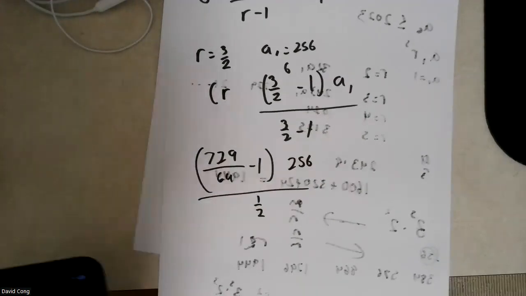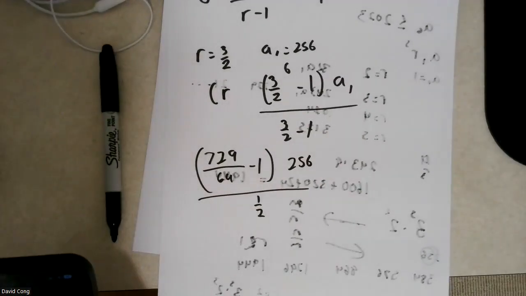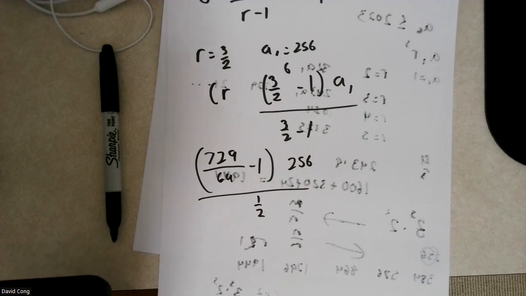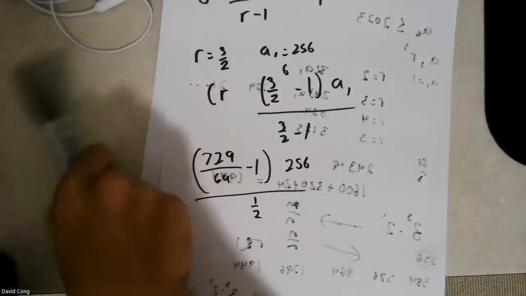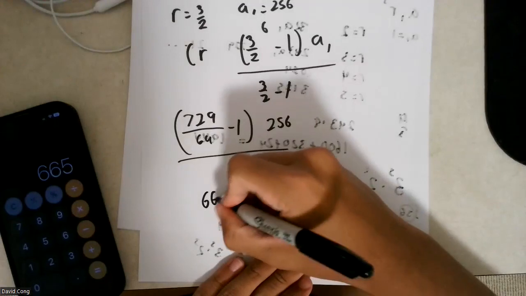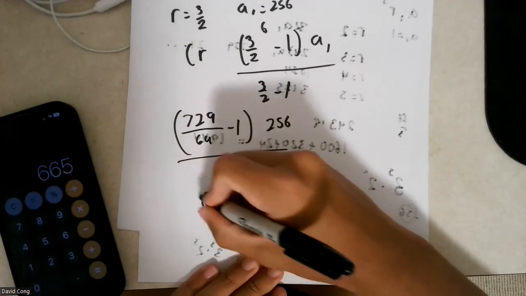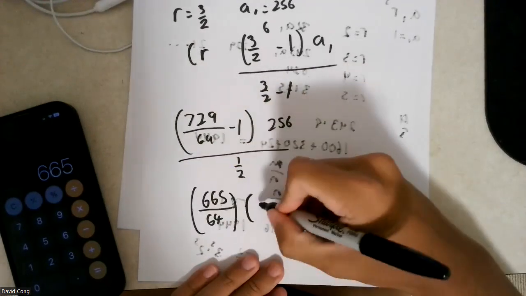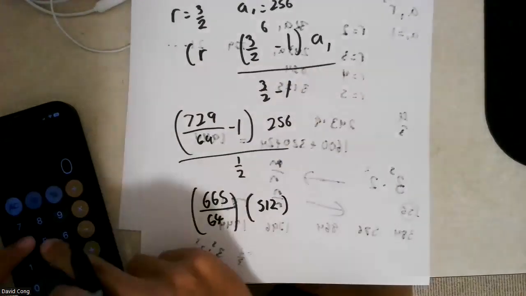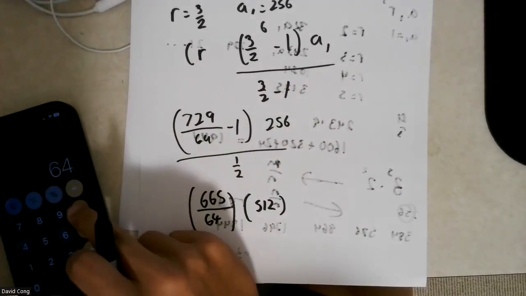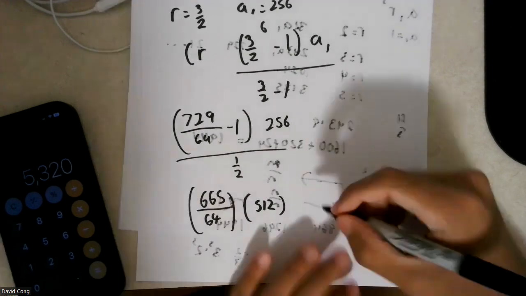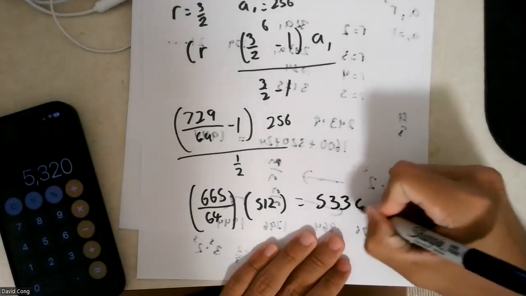And for this, I'm just going to use a calculator for all of it. We get 665 over 64 times, let's bring the 1/2 up, 512. What is this? Our maximum sum is 5,320.